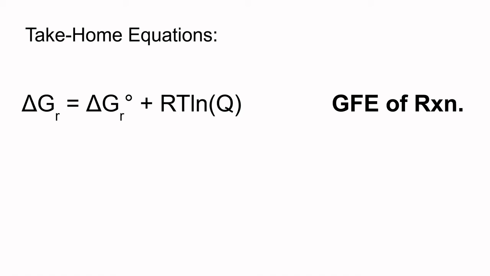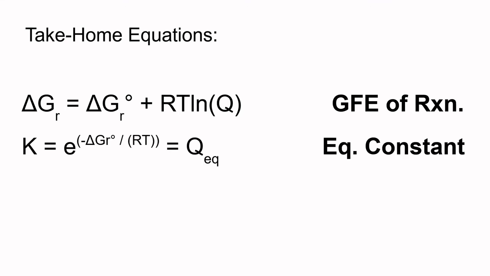And then we can rearrange everything to solve for Q. And rearranging this gives us the equilibrium constant, or K, for a given reaction. And K is equal to e, the number e, raised to the power of the negative standard Gibbs free energy of reaction divided by the gas constant times temperature.